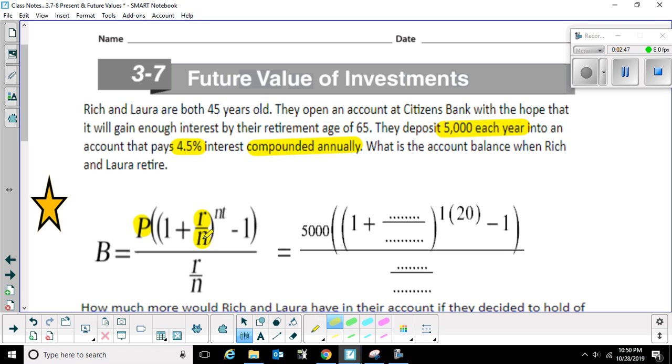So that means that we're going to compound once a year. And we know that if we start at 45 years and we end at 65 years, that's going to be roughly about 20 years. Okay, so we have our pertinent information, and we can actually make some sense out of this.